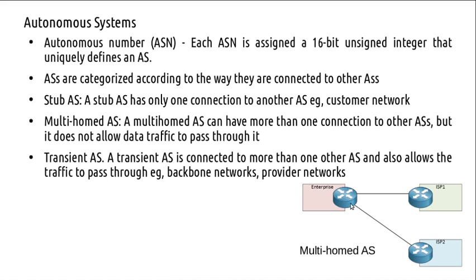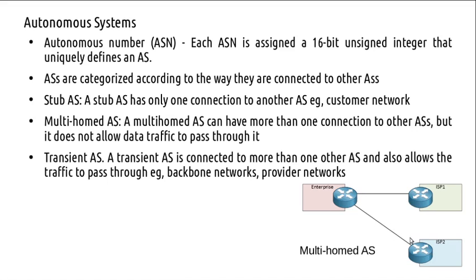A multi-homed AS is something of this sort. That means, say for instance, your network is connected to 2 ISPs, say Reliance Jio and Tata, so that's a multi-homed AS.